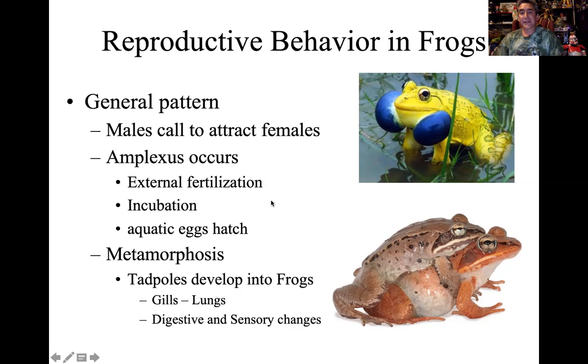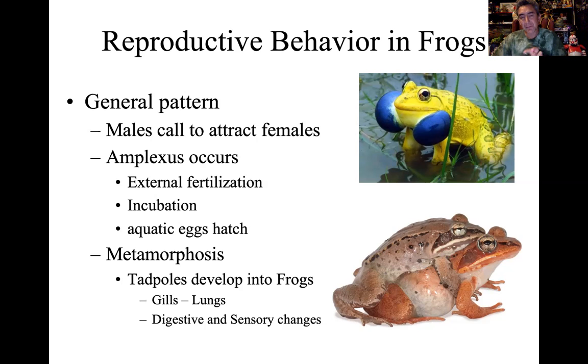Once the eggs are laid and released, they're going to be incubated by the sun, by the temperature of the pond, the water. And then the aquatic eggs hatch as tadpoles. Over time, they'll metamorphose into frogs. Again, I'm not going to say stressful, but it's a hazardous time.